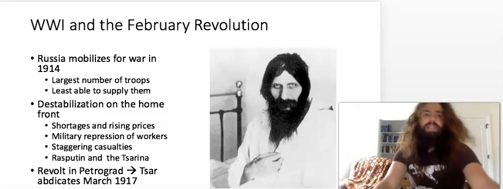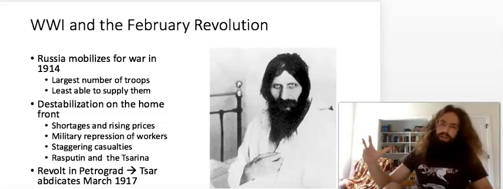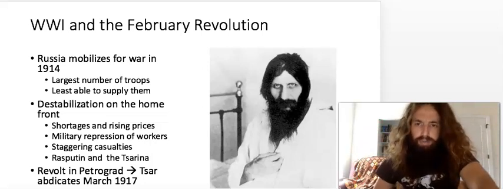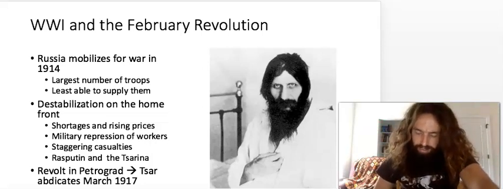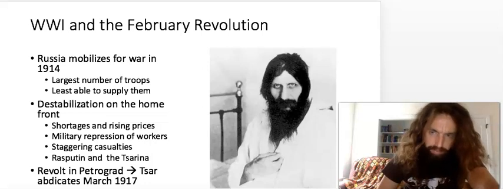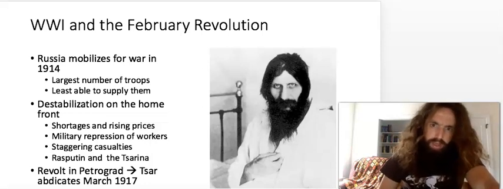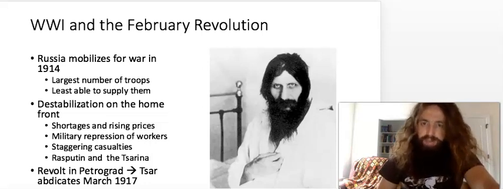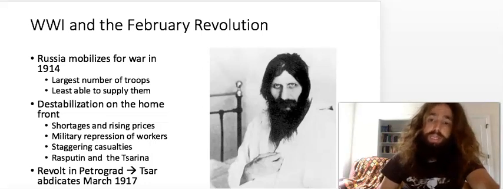All of this is leading to a serious lack of trust in the Russian government, and to really unstable conditions that seem like they're going to result in another revolution. On top of all of this, there are some conspiracy theories going around about who is really in charge of the government.